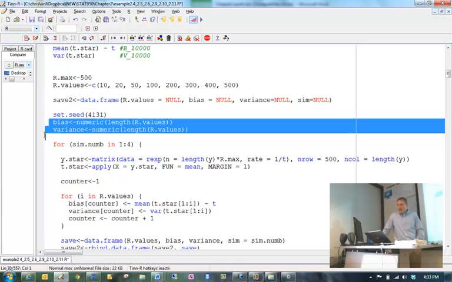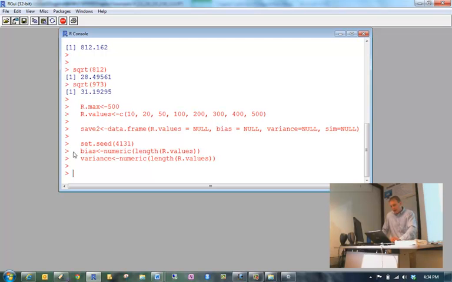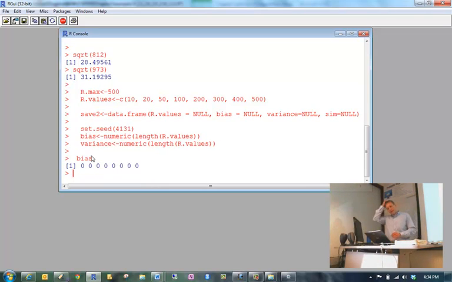Create vectors to save the bias and variances that I'm going to calculate for every single value of R. Just to show you, some of you, for example, in the day number 1 quiz would use the function matrix to save results and to initialize some results, where you would first initialize it with maybe zeros or null values and so on.